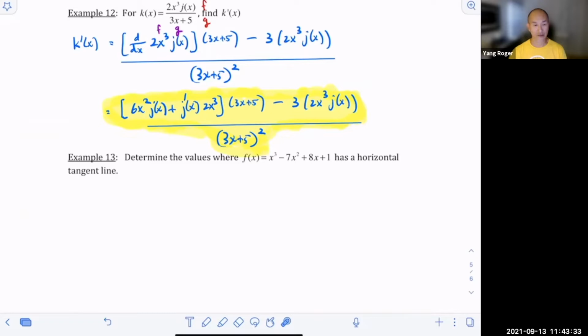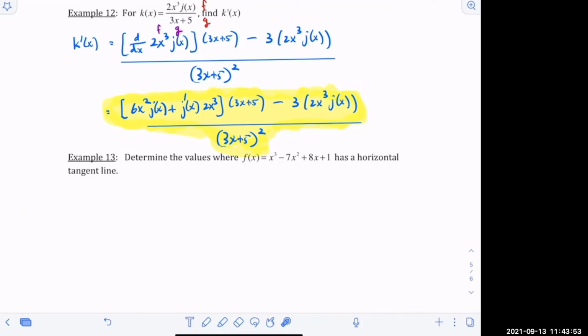I mean, I could just tell you, but it's better if you tell me. How do you figure out where the tangent line is horizontal? What's the very first thing I should do? Not sure. You find the slope. What do you mean by the slope?